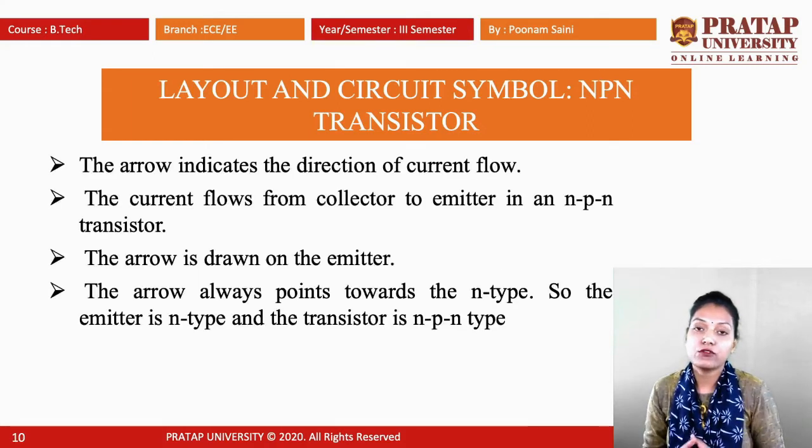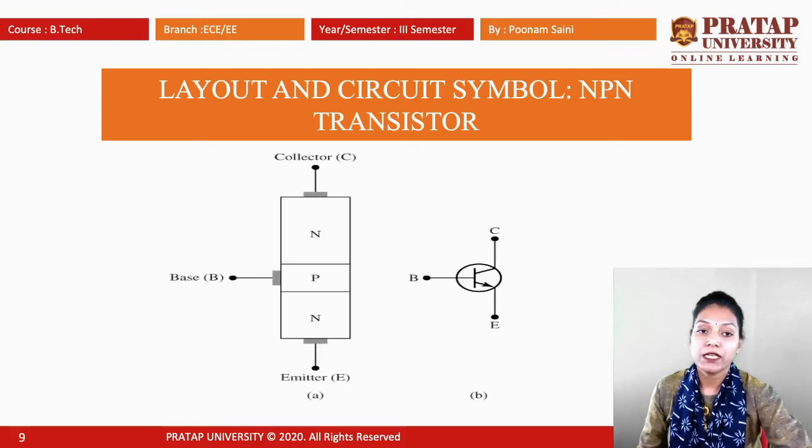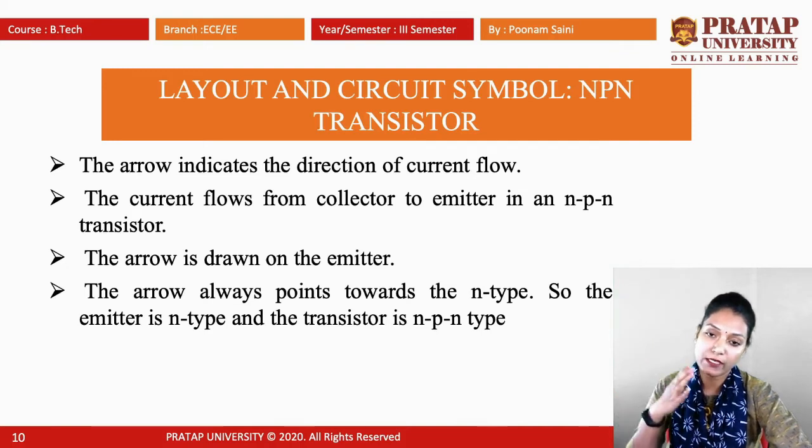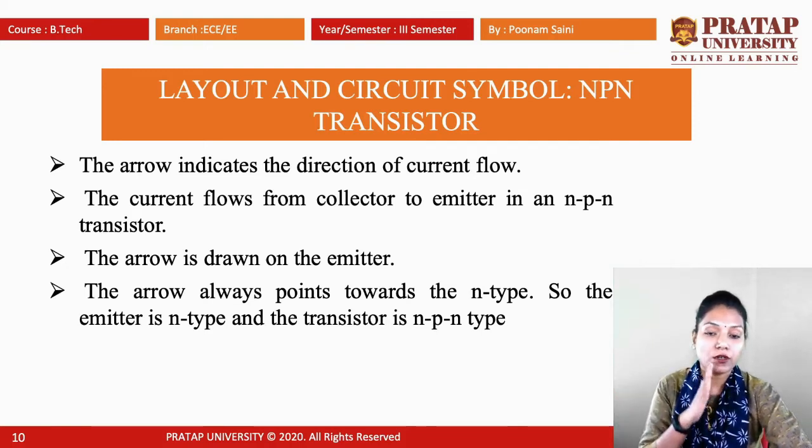The current flows from collector to emitter in an NPN transistor, so the arrow is drawn on the emitter.